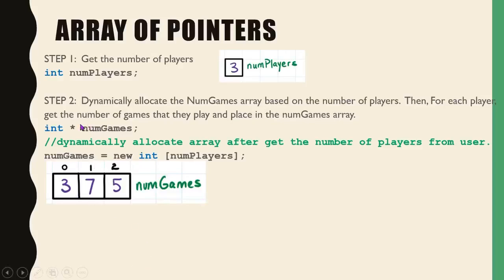Okay, so this is what the code would look like in order to dynamically allocate this array right here, which is an integer array. Num players is 3, and then placing the memory address of this new array in num games. So num games is basically the name of our array.